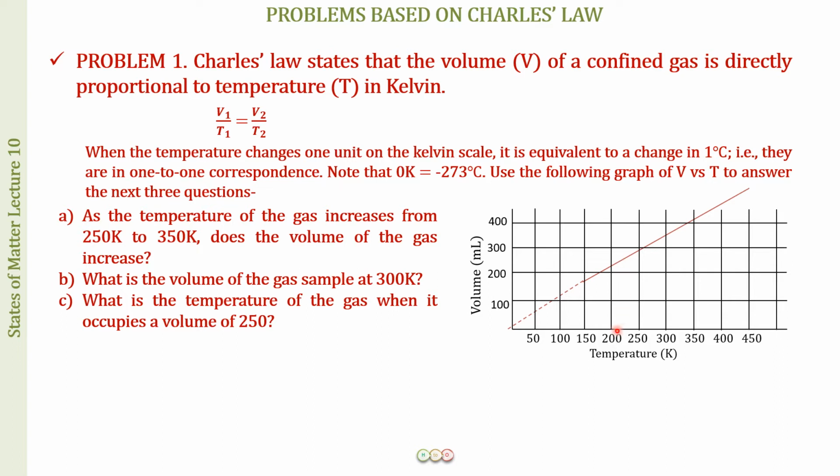So this was essentially a recap of the Charles law, where the volume of a gas is directly proportional to the temperature on the absolute temperature scale if the gas is at constant pressure and for a fixed amount of gas.